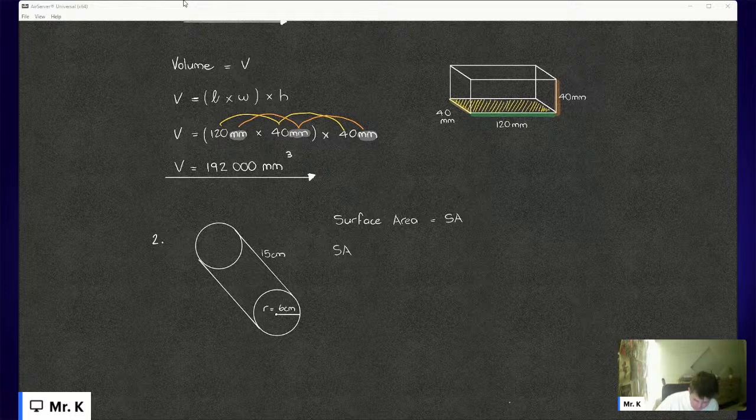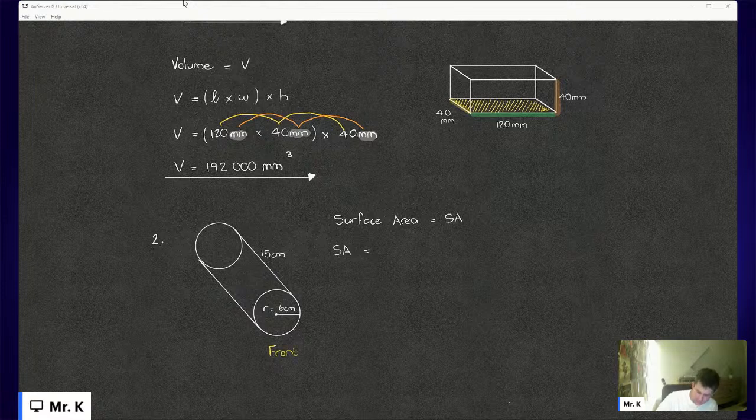So when I look at this cylinder, right, I know that I can touch the outside, the curved edge that goes all the way around my cylinder, but I can also touch the top and the bottom, right? We can even label our diagrams if we wanted to.